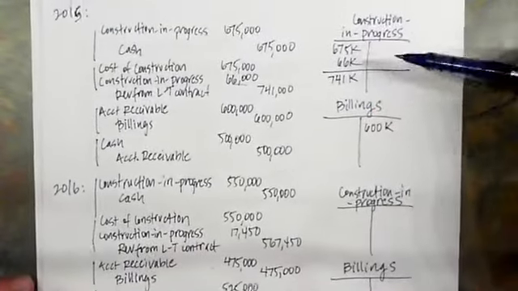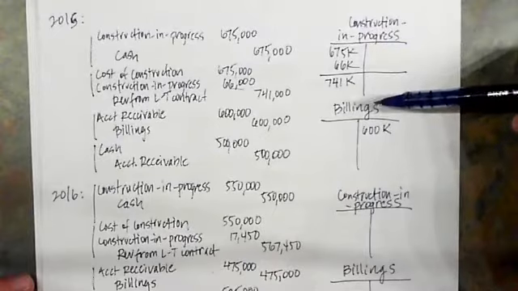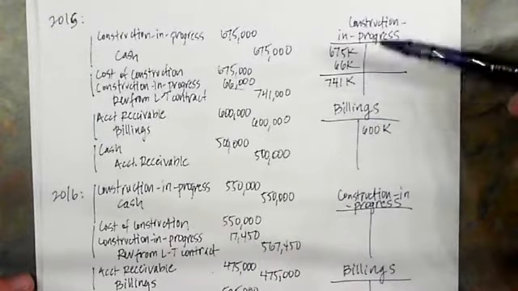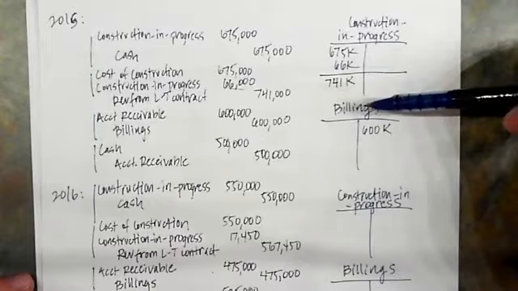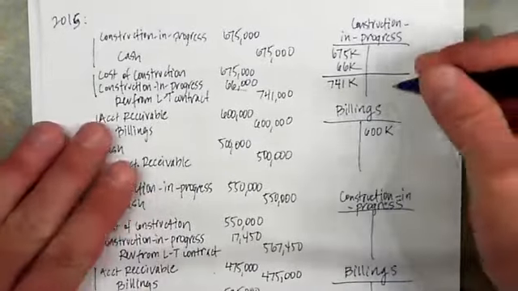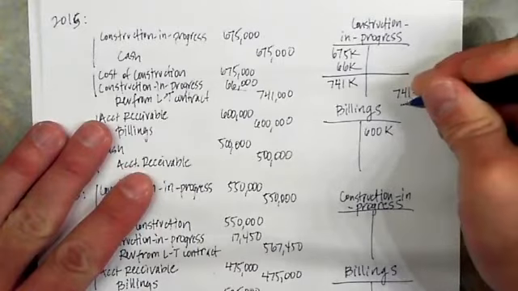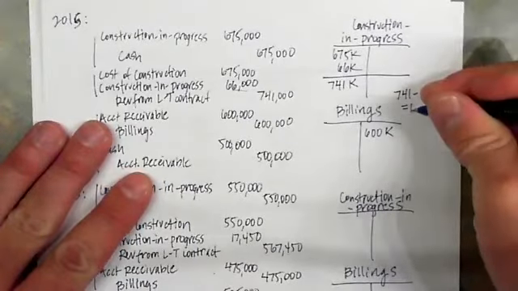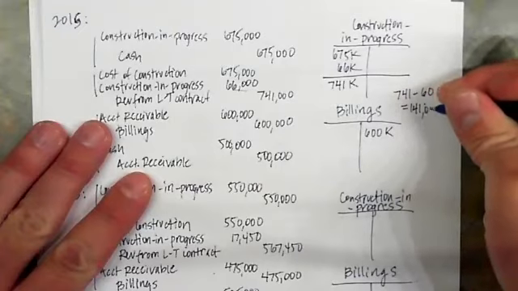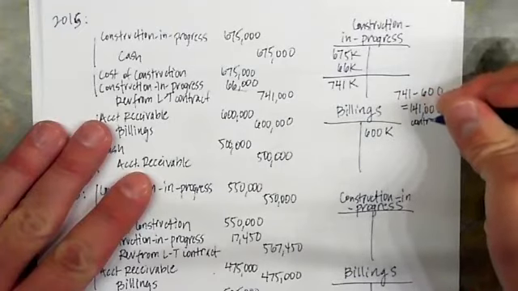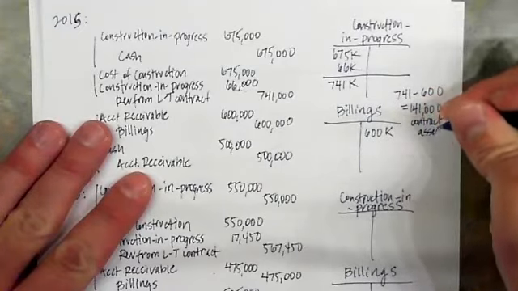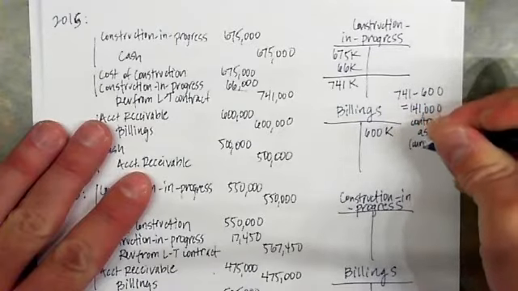So at the end of 2015, I would have a contract asset because cost and profit are in excess of my billings. 741 minus 600 gives me a $141,000 contract asset.